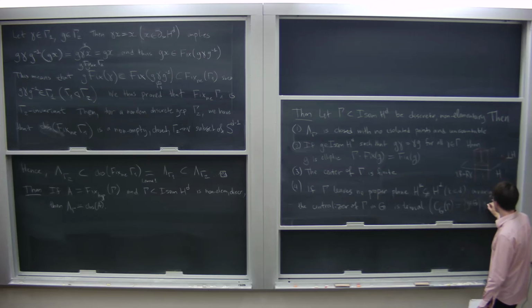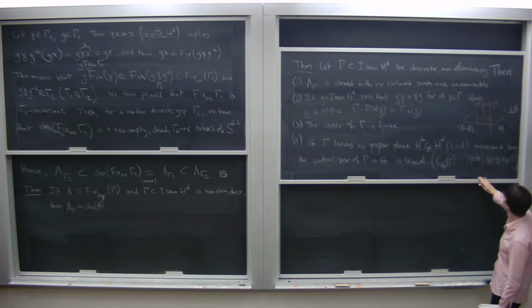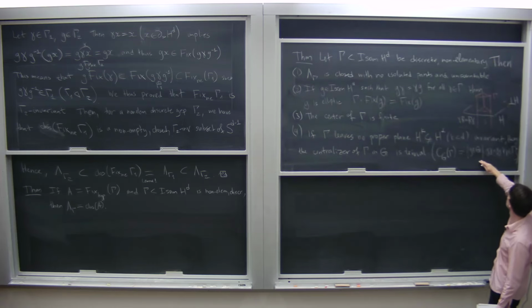So they should commute, right? It is G gamma equals gamma G for all gamma in gamma. So this is my centralizer. This is the set of all isometries that commute with the entire group gamma.